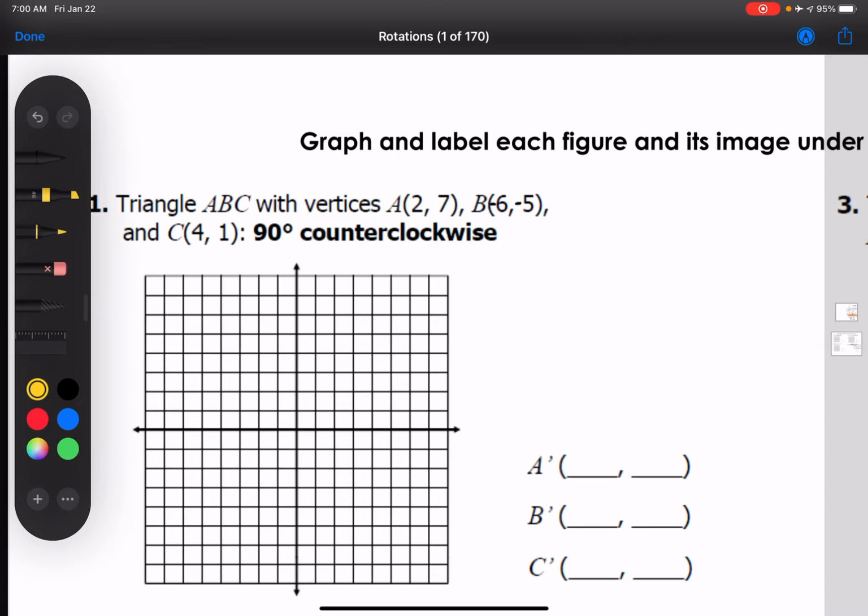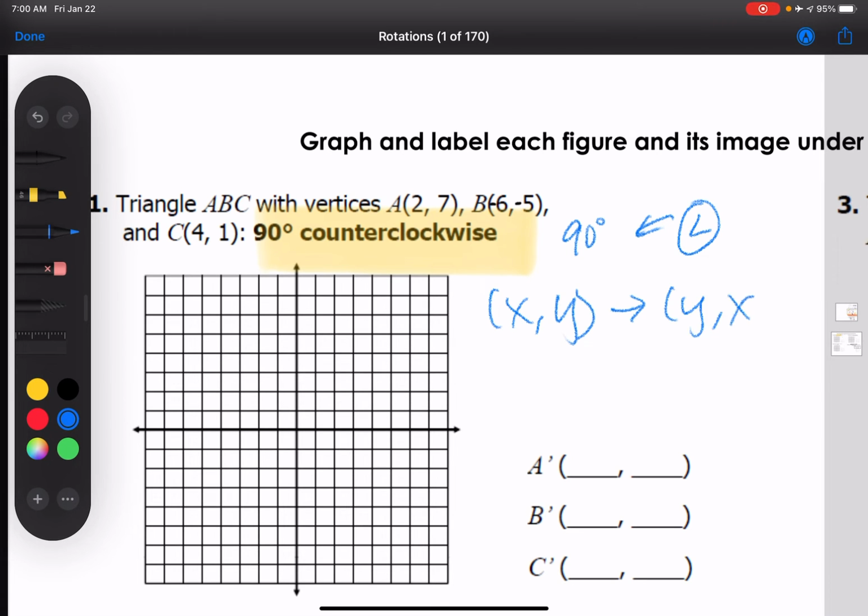We've got 90 degrees counterclockwise, which means you're going 90 degrees to the left, right? So we know to set up any 90-degree representation, you're going to go X, Y, and then swap your Y and X. And then it's the one on the left.